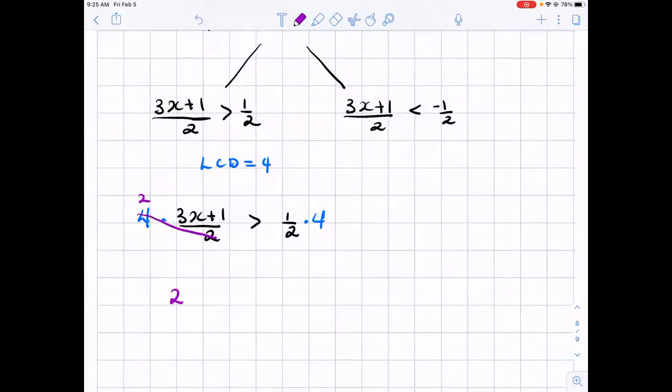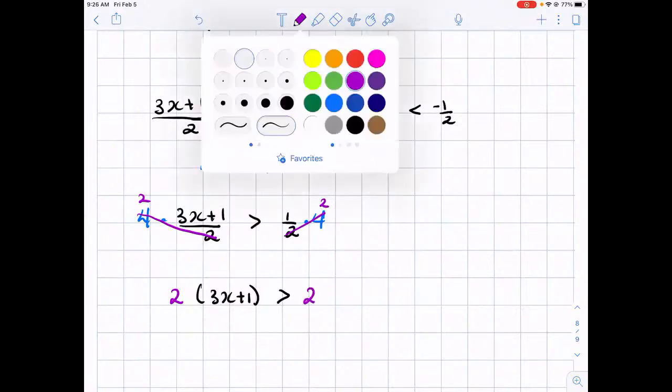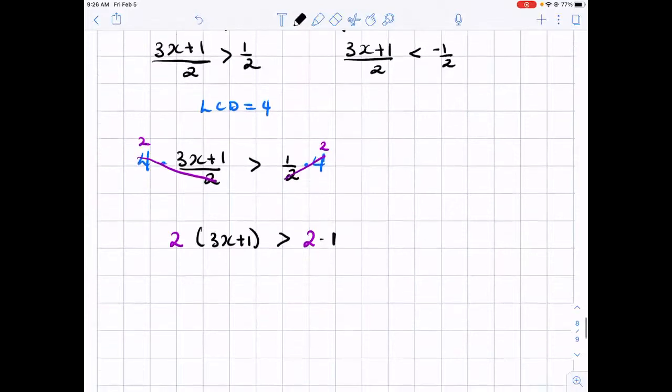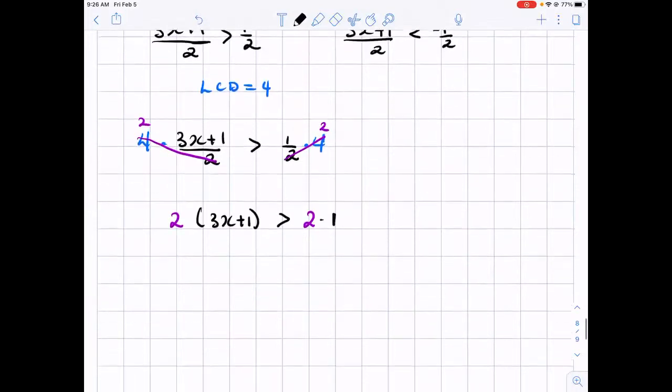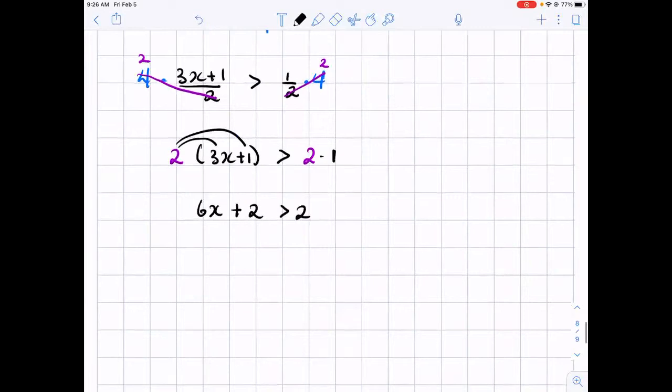So you end up with 2 times (3x plus 1) greater than, and the same thing will happen here. This becomes 2, so you have 2 times 1, which when you simplify becomes 6x plus 2 is greater than 2.